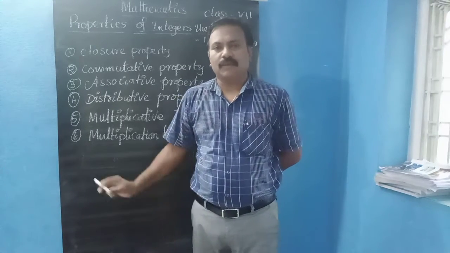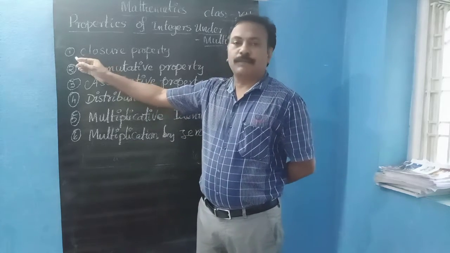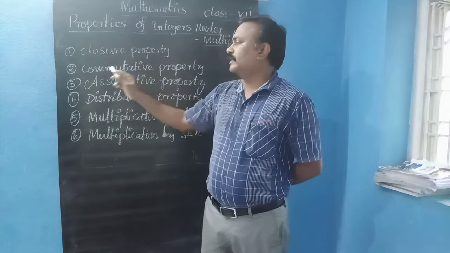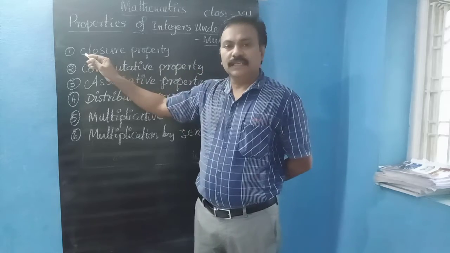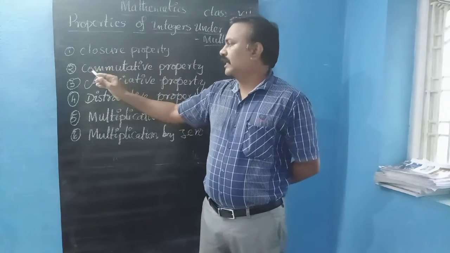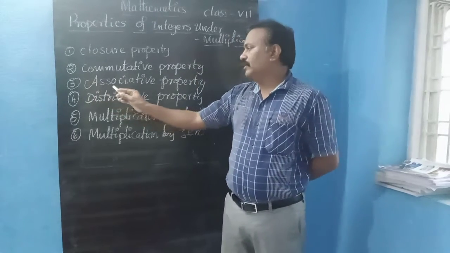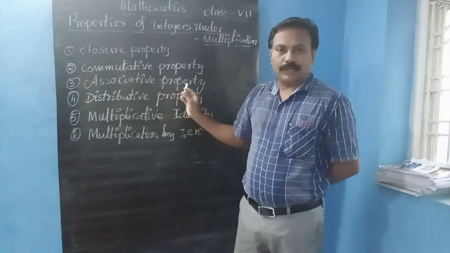Just look at the board and write also. First property, closure property. Second, commutative property. Third, associative property.